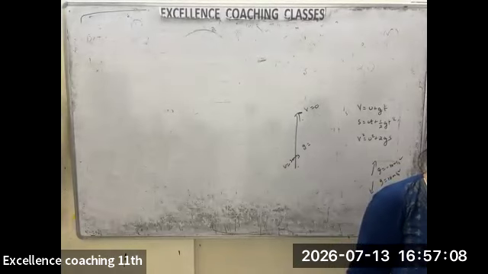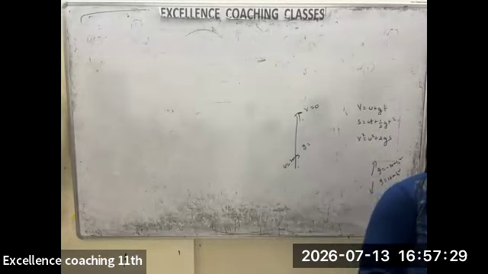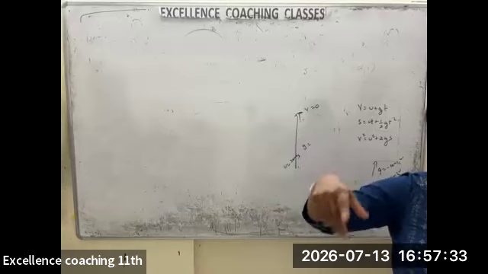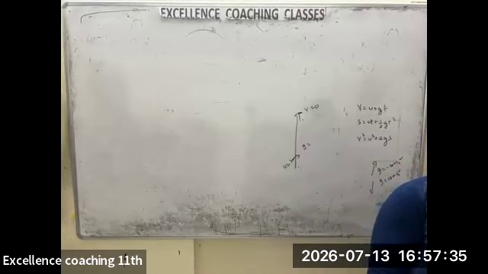MCQs are for competitive exams to set up your career. Taking 9.8 is nonsense, but some colleges clearly mention to take g as 10 meter per second square. So take 10 for simplicity, because for you right now how to solve is the matter. You cannot do the calculation with 9.8.